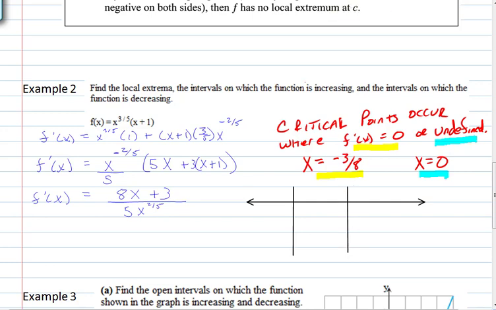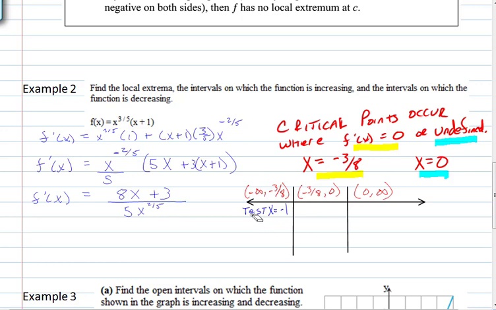My intervals are going to go from negative infinity to negative 3/8, from negative 3/8 to 0, and from 0 to infinity. Once again, pick your test points. How about x equals negative 1? Will that work? Yeah, sure it will.